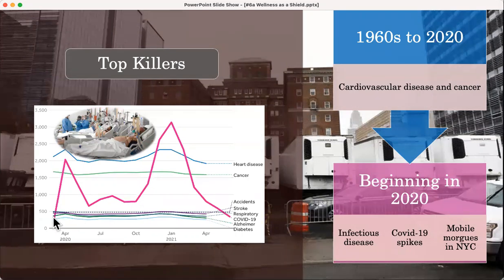Beginning then, COVID-19 during these spikes would compete with heart disease and cancer as the leading cause of death. This is an image of an ICU with patients on ventilators. And this is, of course, the background image of the mobile morgues in New York City trying to manage all the corpses.